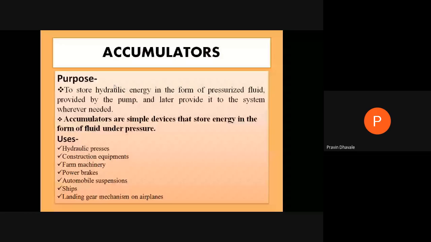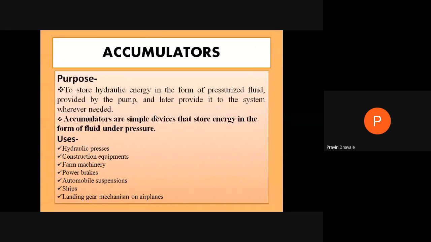Now, what is the purpose of the accumulator? The accumulator is used to store the hydraulic energy in the form of pressurized fluid, which is provided by the pump, and later provide it to the system whenever it is required or needed.